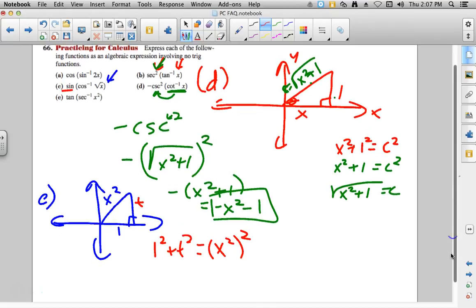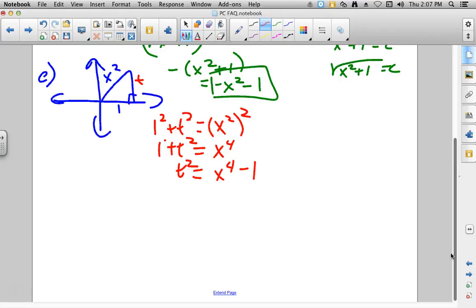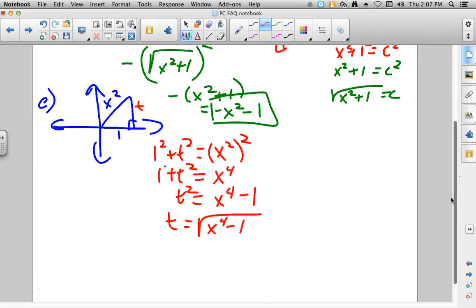Yeah, we have to be careful with that in this one. So this will be 1 plus t squared equals x to the 4th. t squared equals x to the 4th minus 1. And then we will need to take the square root of that in order to get t. So that is the square root of x to the 4th minus 1.